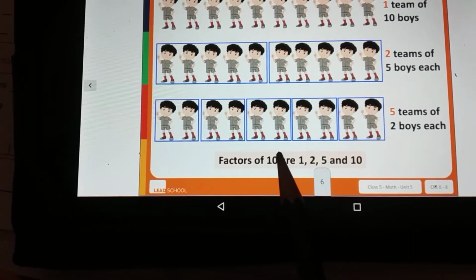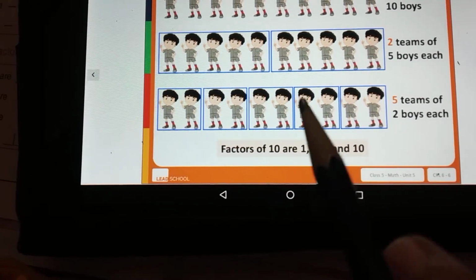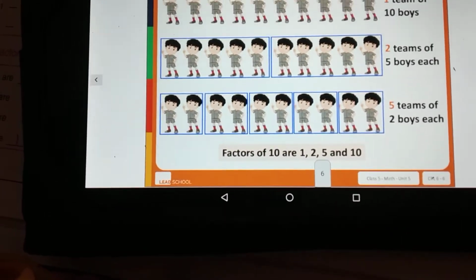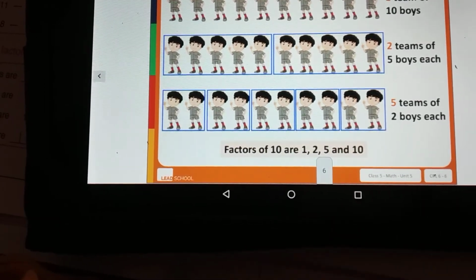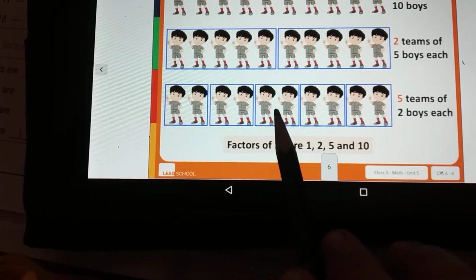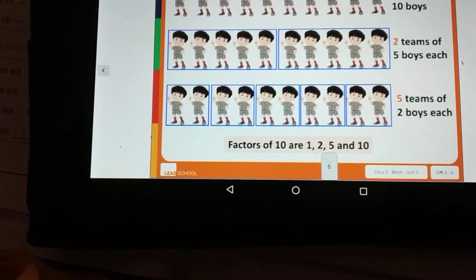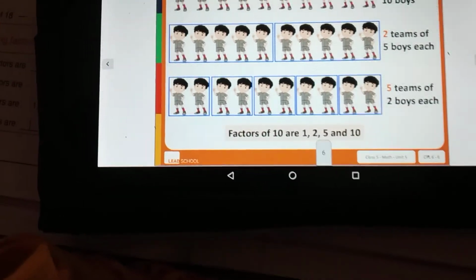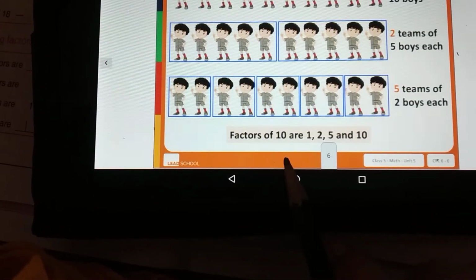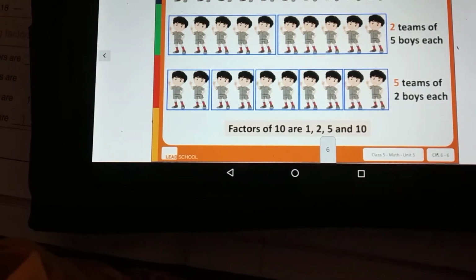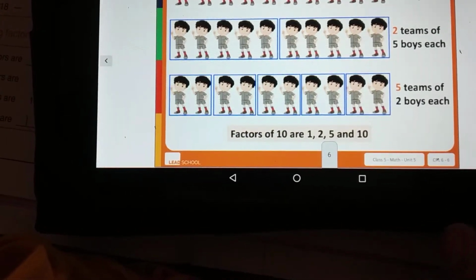So the factors of 10 are 1, 2, 5 and 10.